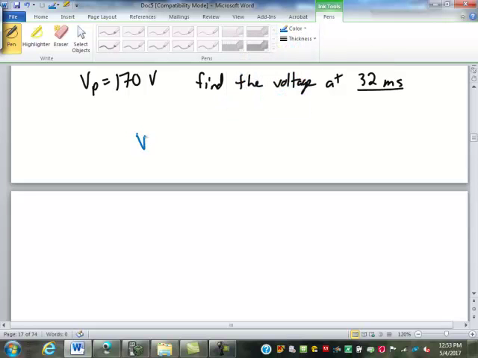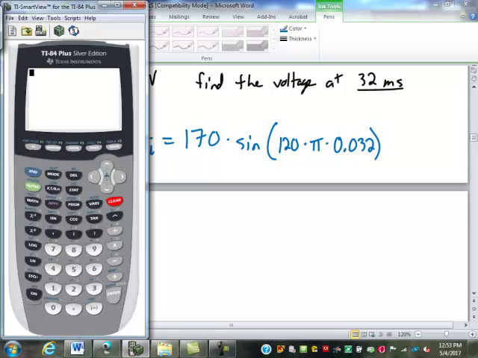So our instantaneous voltage is 170 times the sine of 120 times pi times, now my 32 milliseconds has to go in as 0.032.